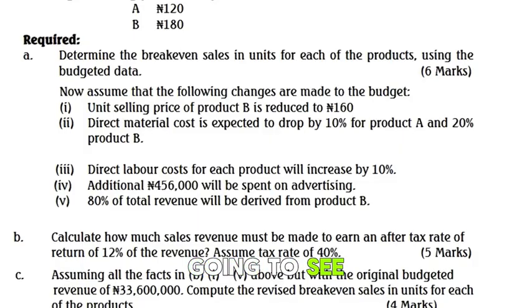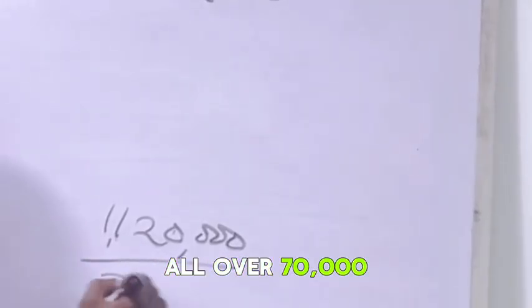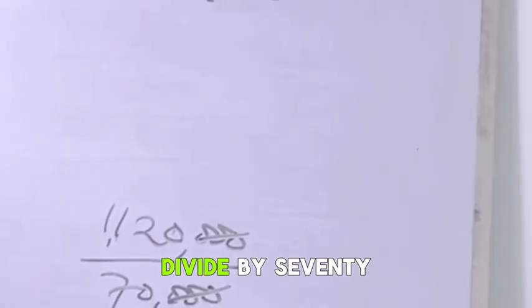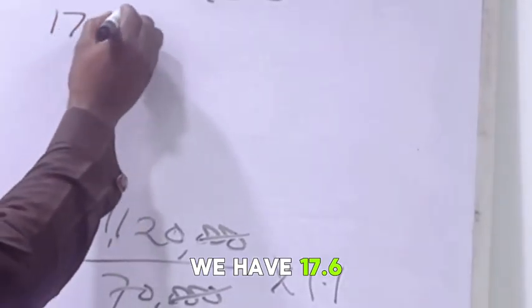So for direct labor for A, we have 1,120 all over 70,000, so 1,120 divided by 70, multiplied by 1.1. So we have 17.6.